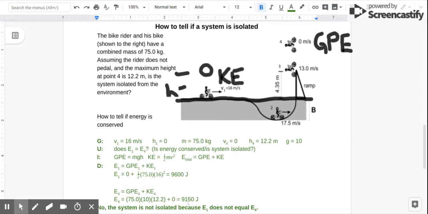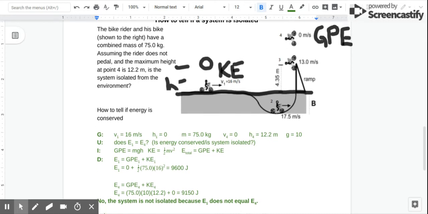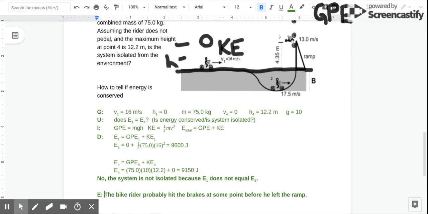If E4 was bigger than E1, that would be weird, because it says that the rider doesn't pedal. What would add energy? Maybe a huge gust of wind, but that's probably not very likely. So that's how you do it. You find the total energy at one point, you find the total energy at the other point, and you compare them. If they're equal, the system's isolated. If they're not equal, the system is not isolated.